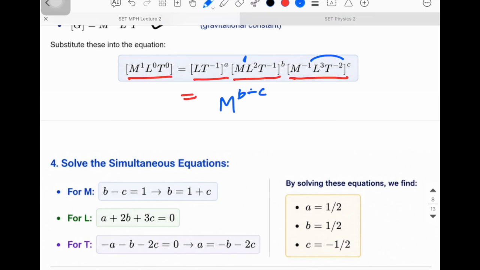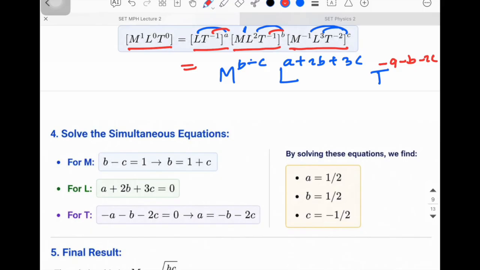Now l: power 1 into a, 2 into b so plus 2b, 3 into c so plus 3c. And t: minus 1 into a, minus 1 into b so minus b, minus 2 into c so minus 2c.